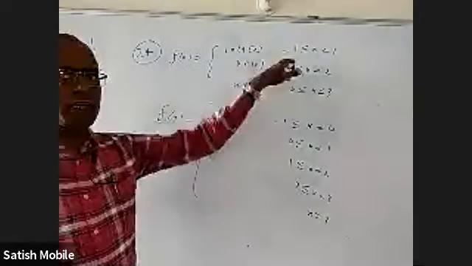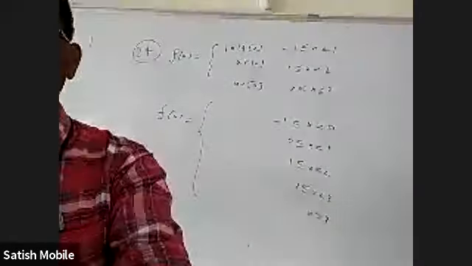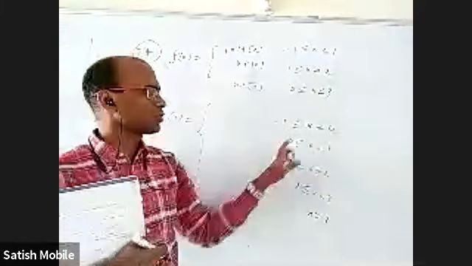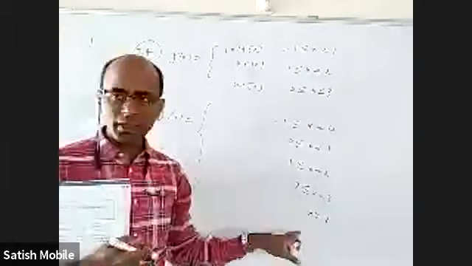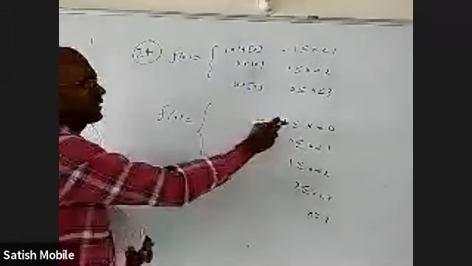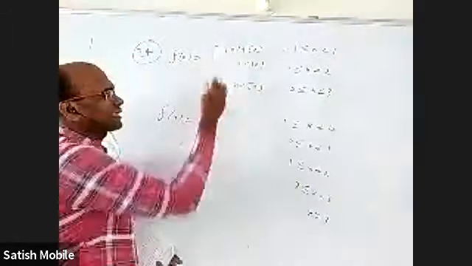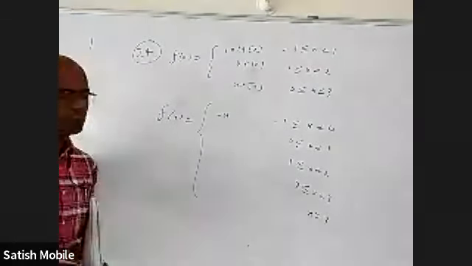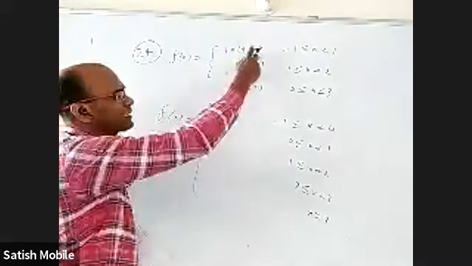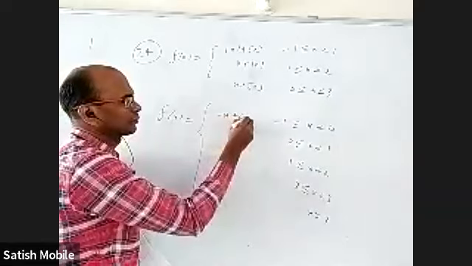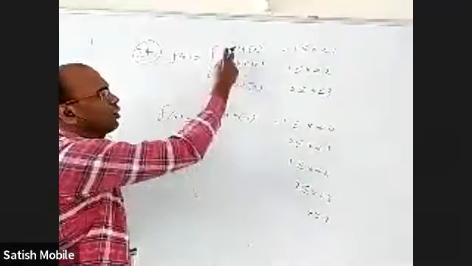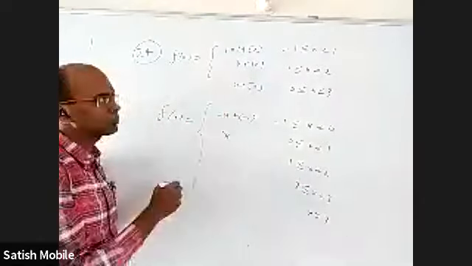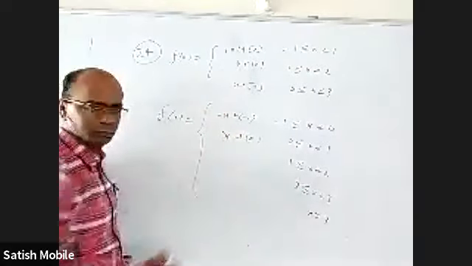This itself I am further making into two parts: minus 1 to 0, and 0 to 1. This is as it is. This is up to open 3 separately, and 3 separately. Between minus 1 to 0, mod x I have to write as minus x because x is negative, and integer part of x I have to write as minus 1. Whereas between 0 to 1, mod x is plus x because x is positive, and integer part of x is 0.